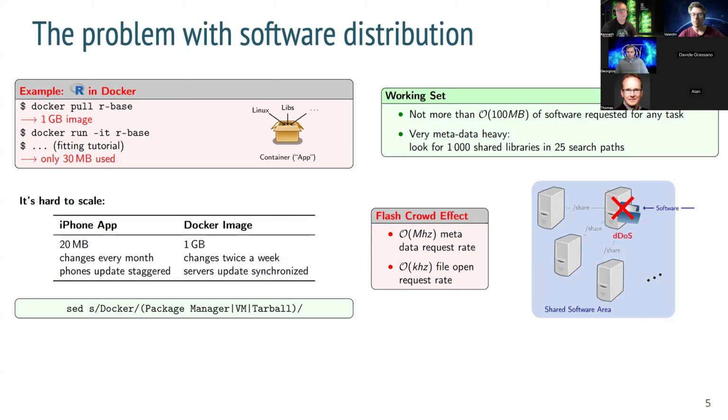For a data center that tries to run workloads in a distributed environment, it turns into a distributed denial of service attack on the file system that provides your software, or the server where you download your packages from. And this is a very metadata-heavy access.